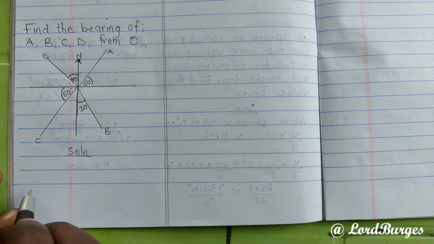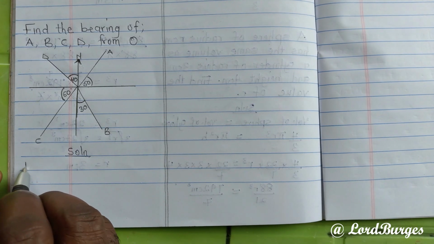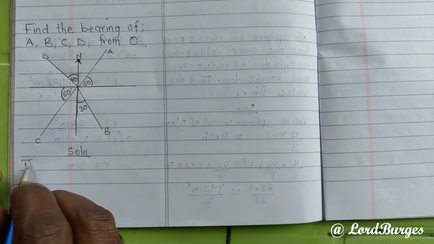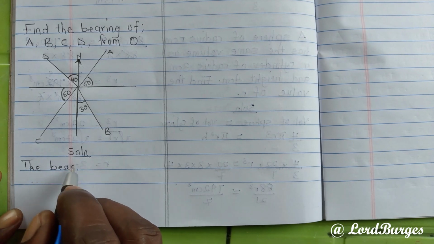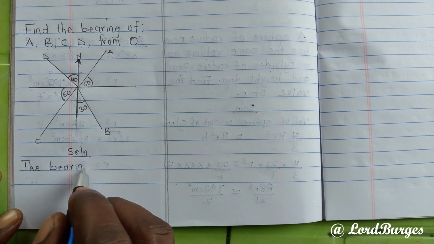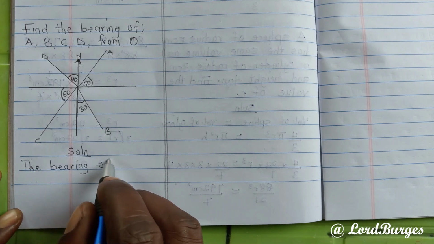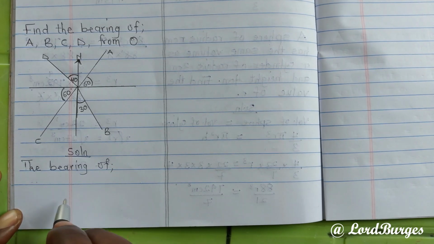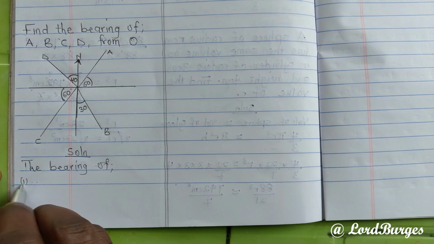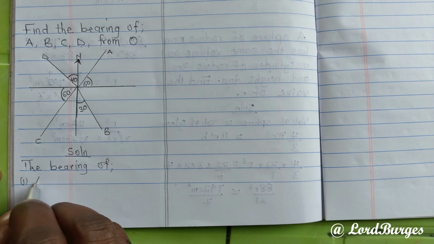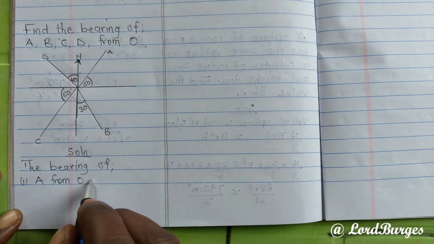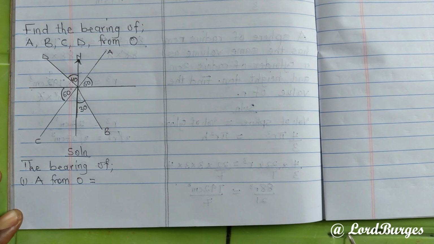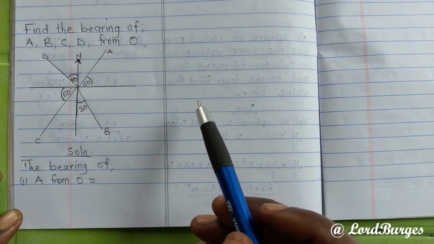There are solutions. Let us say the bearing of A from O should be equal to, let's look at our drawing again.